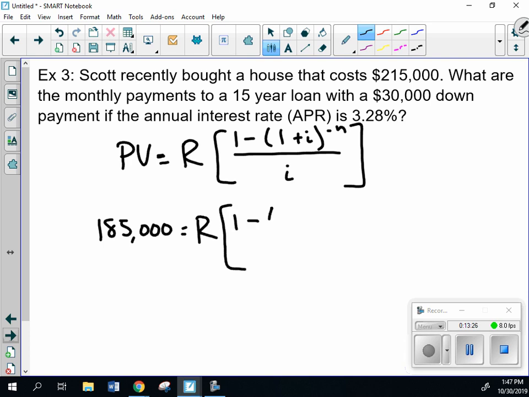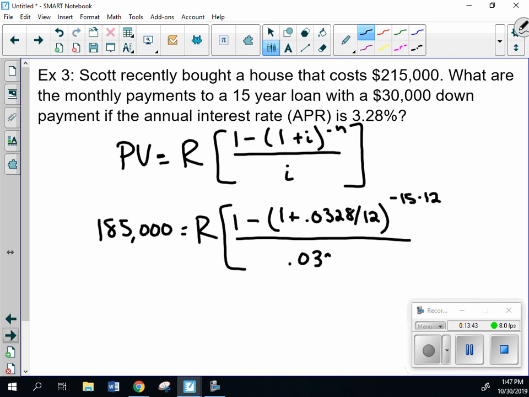Again, I'm plugging in the information I know. And we're going to figure out, so we're talking a 15-year period times 12. And that's over that 0.0328 divided by 12. So thinking about this in terms of mathematical, you're just manipulating your equation a little bit. So if you're looking at this, you have division.